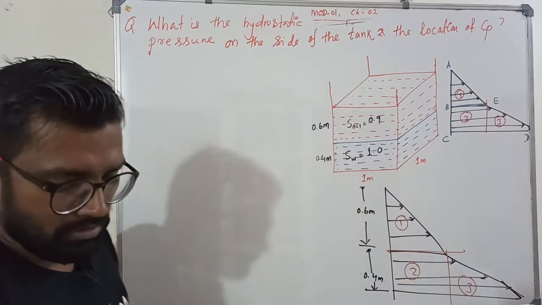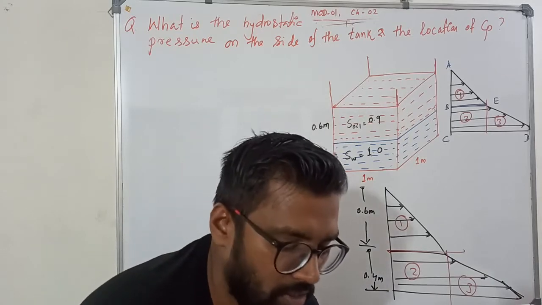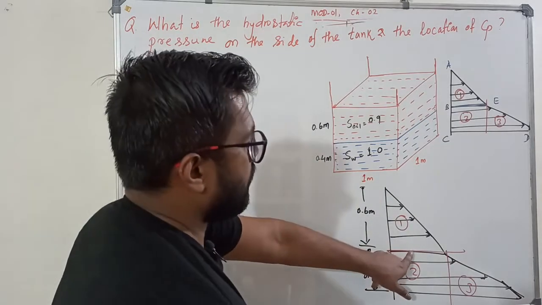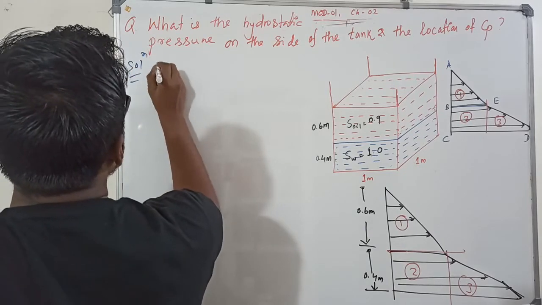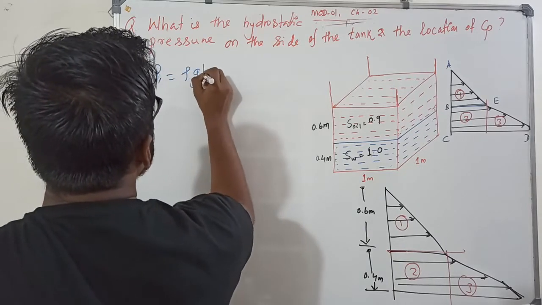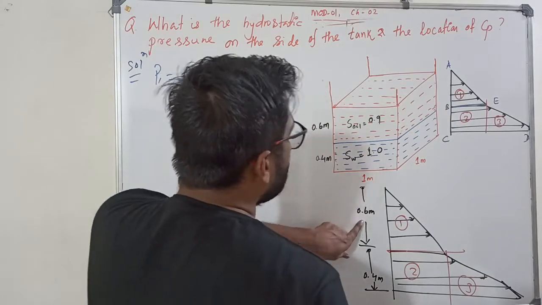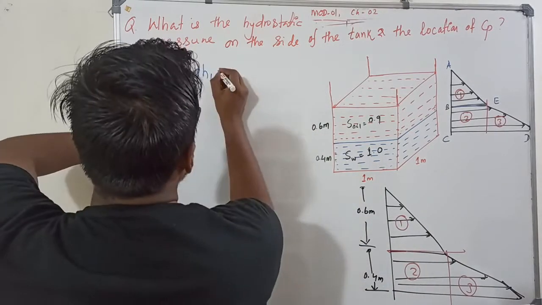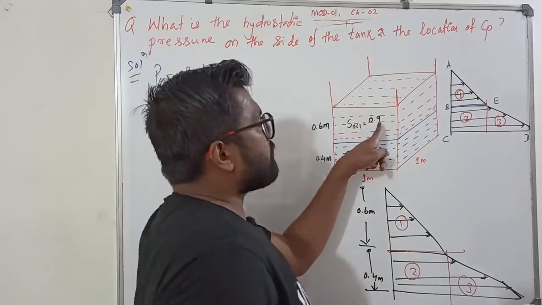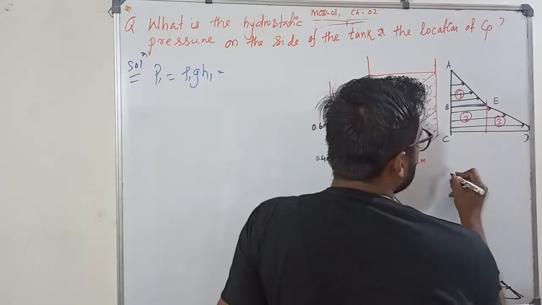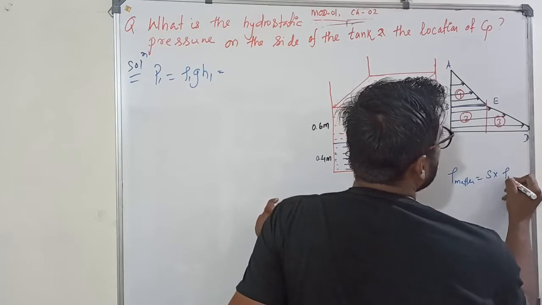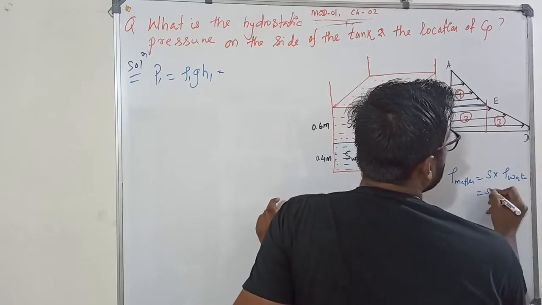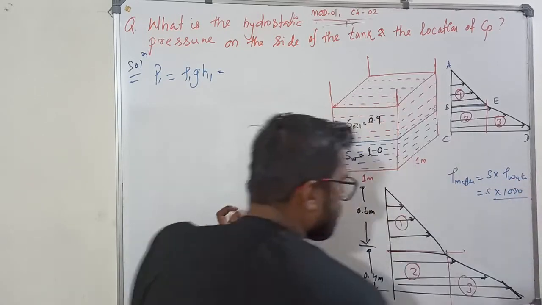Now let us solve this. First we'll calculate the pressure here, that is P1. P1 is nothing but rho g h1. The height h1 given is 0.6 meter. So rho 1 g h1. The specific gravity is 0.9. Density of the fluid is specific gravity into density of water, which is 1000.